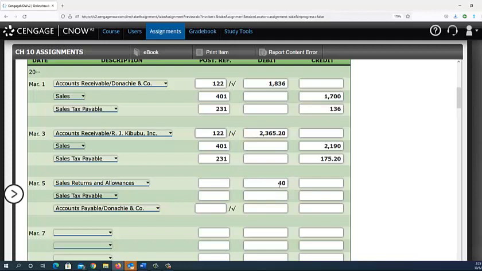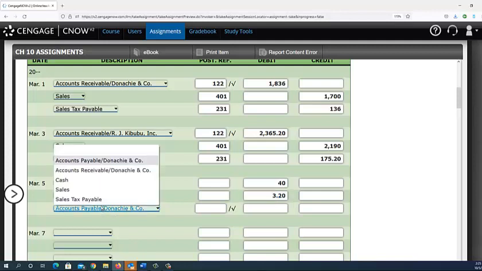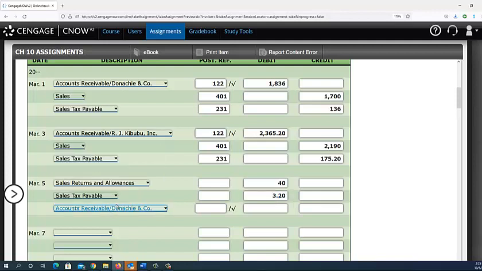So 8 times 40 is $3.20. Oh my goodness, I picked the wrong one, sorry. That should be accounts receivable, Donacci and Company, not accounts payable. And then if we add the total together, this customer is getting a credit for $43.20.